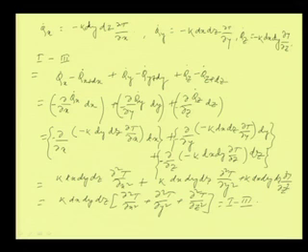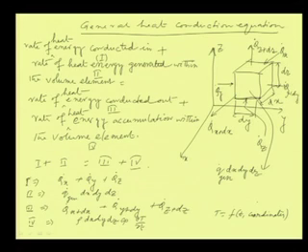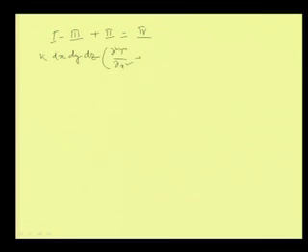Previously it was 1 plus 2 is equal to 3 plus 4, so 1 minus 3 plus 2 is equal to 4. Now, 1 minus 3 we have got as k into dx dy dz into del square T by del x square plus del square T by del y square plus del square T by del z square.